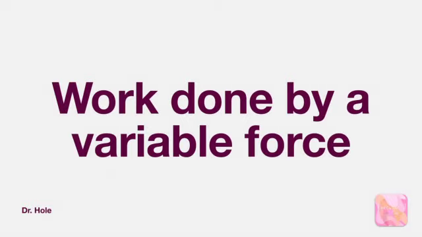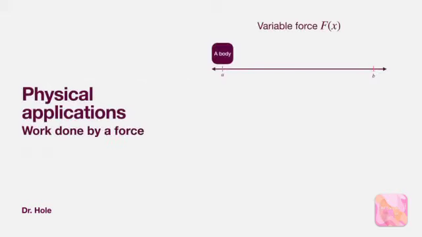Now, we have gone over work computed if the force is constant. We've looked at an example of variable force. Let's do generally how to compute work provided a variable force. All right, so here's another example of variable force.